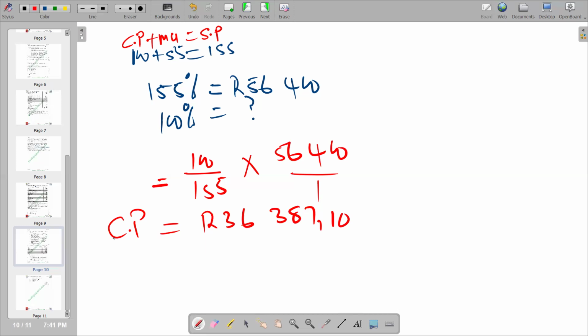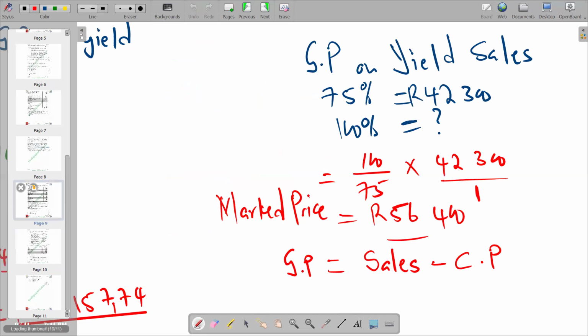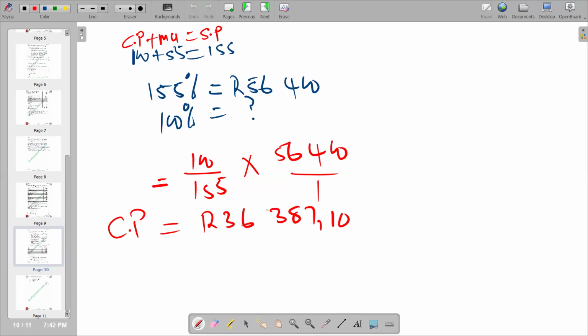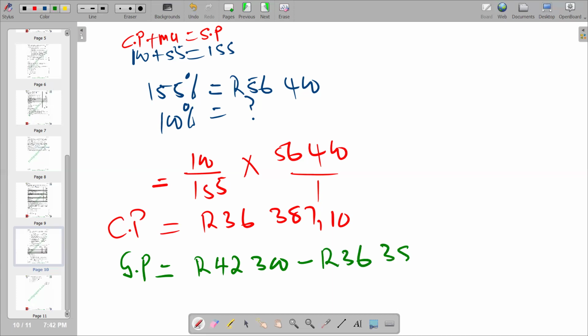So remember, to get our gross profit on yield sales, we are going to use the formula. Sales, we are given as 42,300, and then we subtract the cost, which is 36,387 rands 10 cents. So basically this is how we are going to get our gross profit.